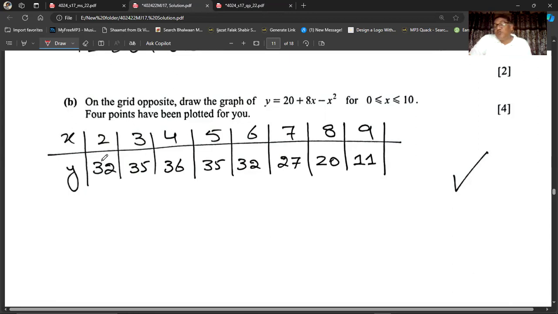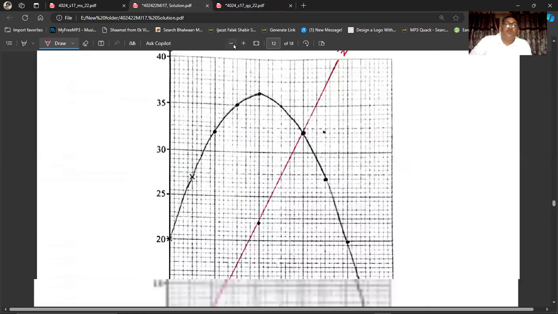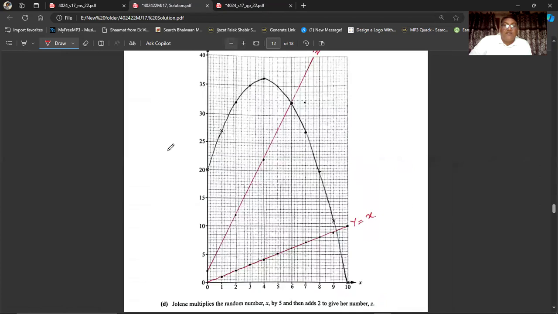Now I'm going to plot these points on that grid. This is 2 comma 32, this is 3 comma 35, 4 comma 36, 5 comma 35, 6 comma 32, 7 comma 27, 8 comma 20, 9 comma 11. So I plotted those points here, and these 2 points are already plotted, and then I join them with a smooth curve.